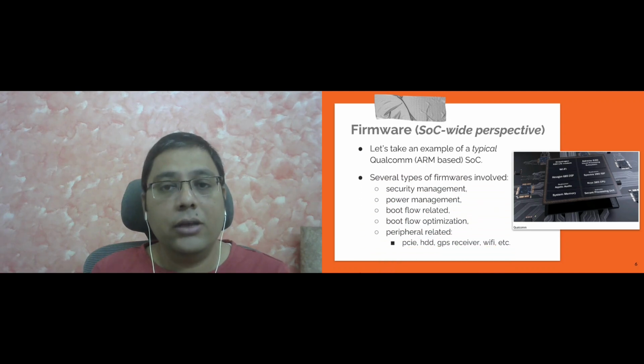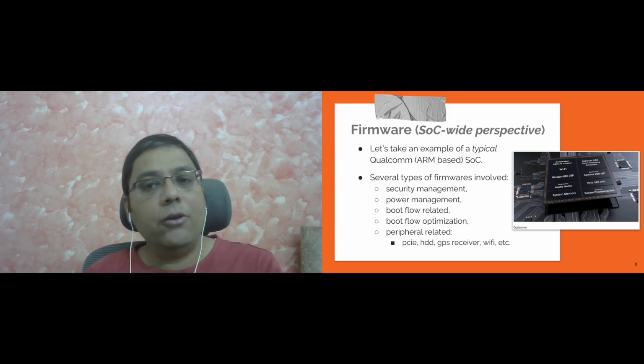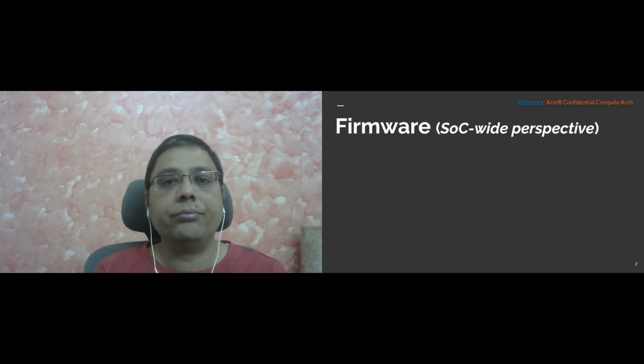A dedicated block on the SoC might also be present to improve the boot flow speed. Also, there can be several peripherals, audio DSPs, PCI interfaces, Wi-Fi, etc. Most of these would require some kind of firmware to run with. So we will have several firmware types stored and running on the SoC at any given time.